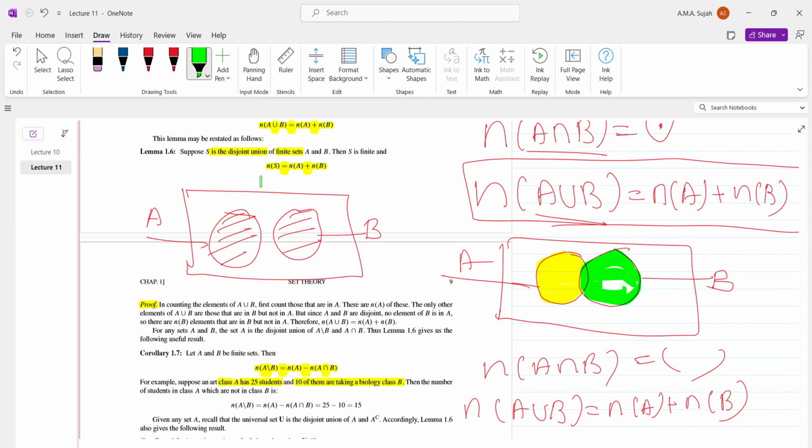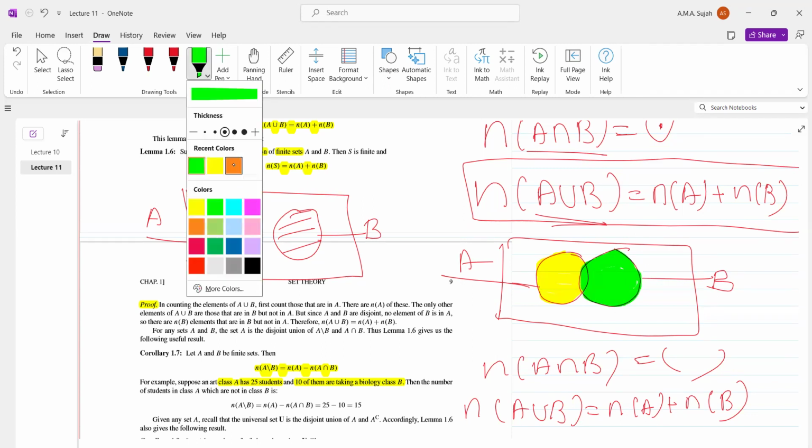I put this one in green color, the number of B in green and the number of A in orange.